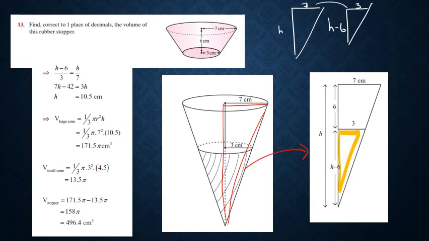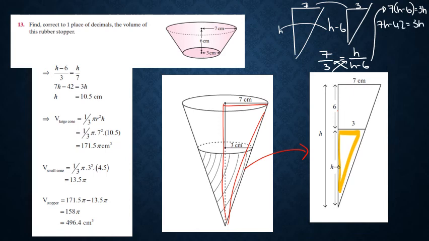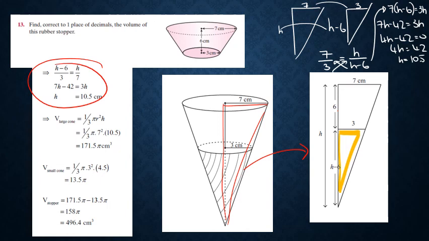Now the relationship of 7 to 3 has to be the same as the relationship of h to h minus 6. So by doing a little bit of manipulation there, we get 7 times (h minus 6) equals 3h, so I've just multiplied across, and then we get 7h minus 42 equals 3h. Bring across 3h gives us 4h minus 42 equals 0, 4h equals 42, so h equals 10.5. And you can see that over here as well. They just went about it a slightly different way to me.